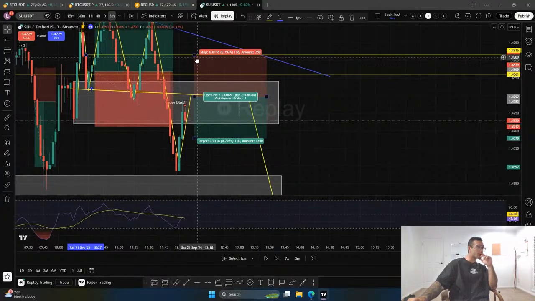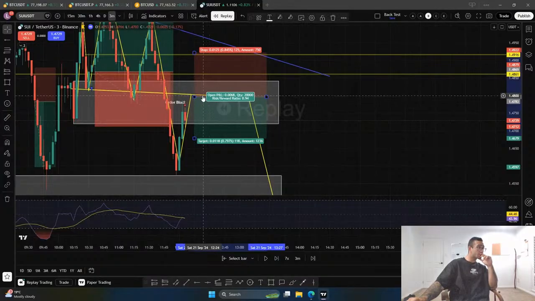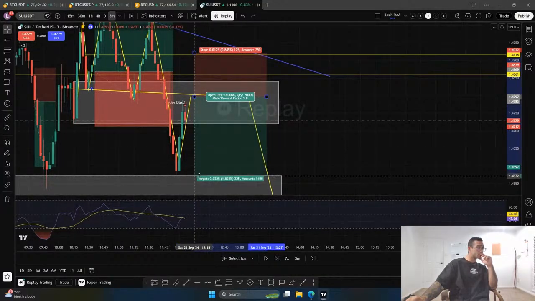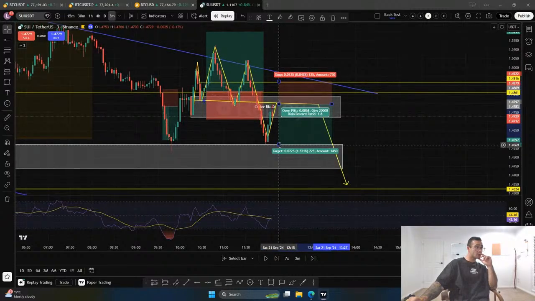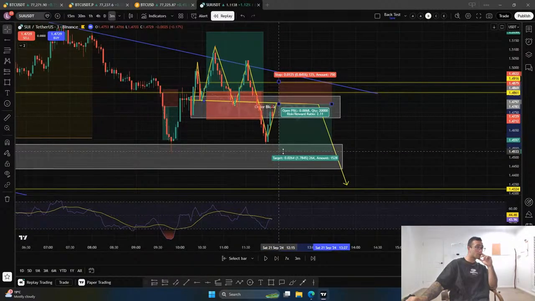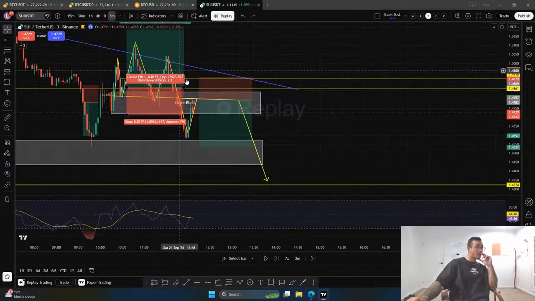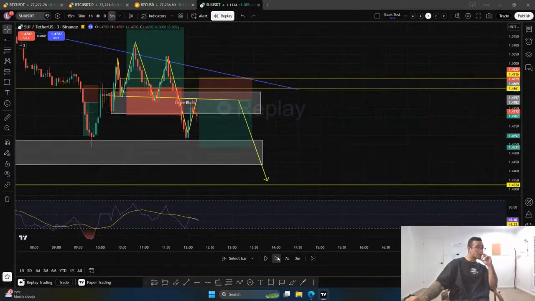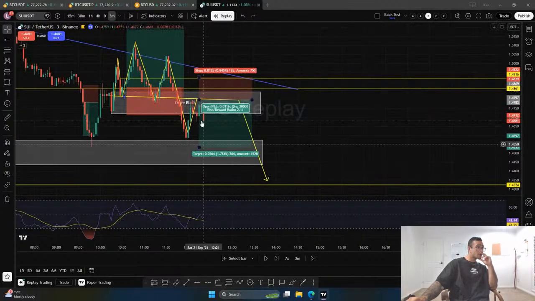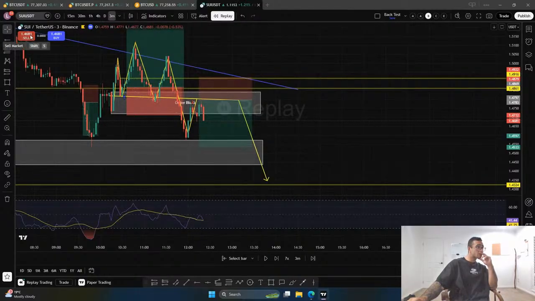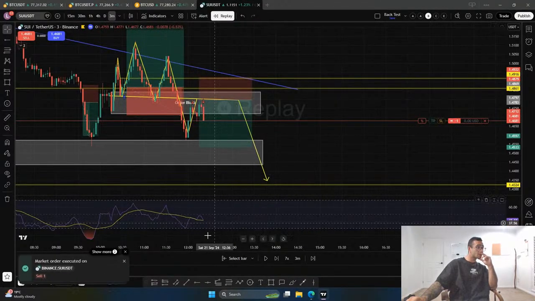So around there, stop loss over there. This one, creating a 2-to-1. Now we're going to go next. In, so fast. Sell, for example.